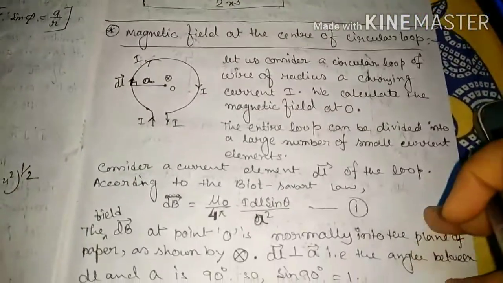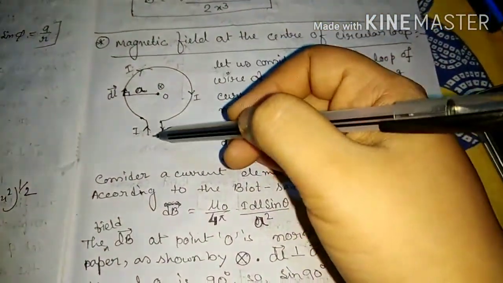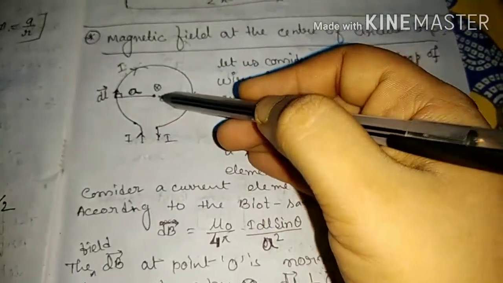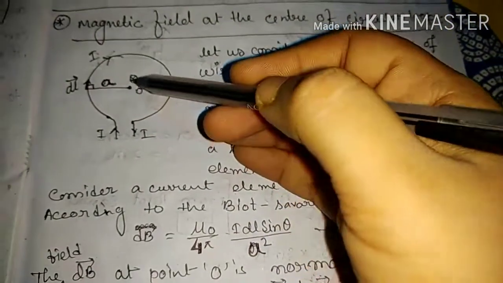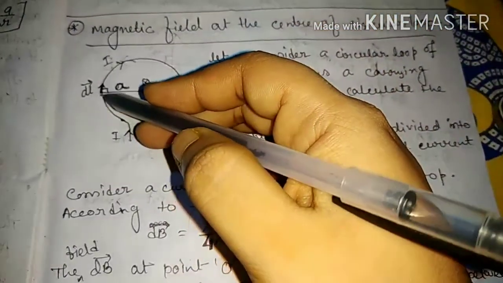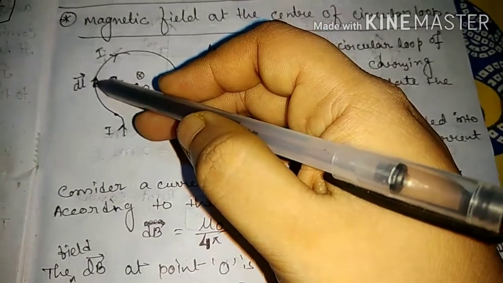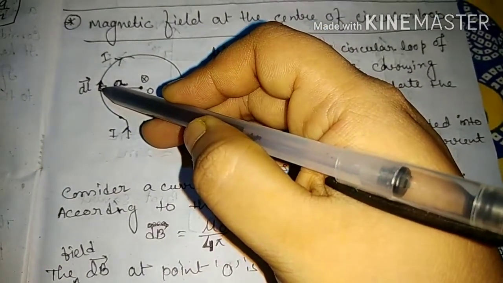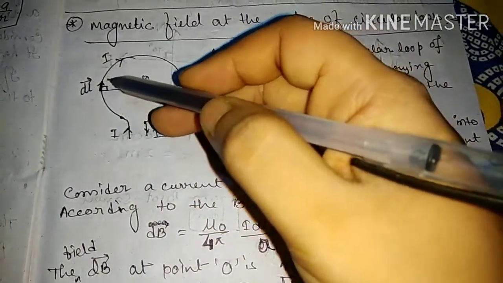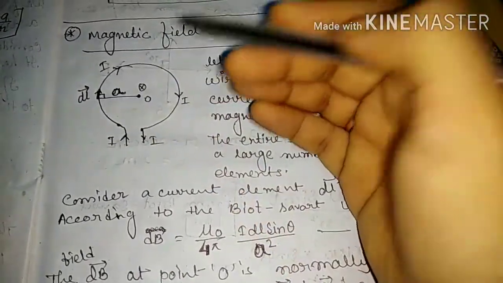Okay. Now the magnetic field at the center of the circular loop. This is a circular coil. The current is flowing in a clockwise direction. At a point O, we derive the expression of dB due to this small current element. This small current element and the distance A, the radius of the circular loop, are 90 degrees, perpendicular to each other.